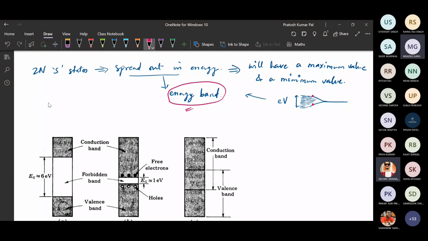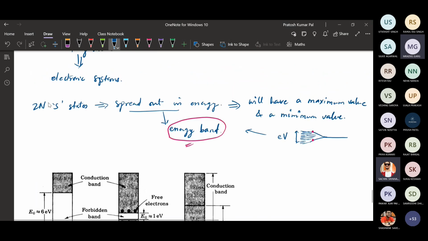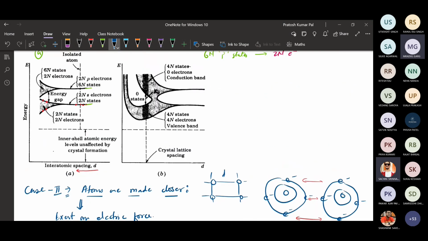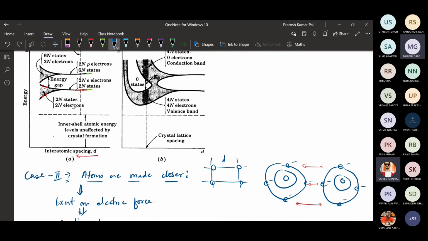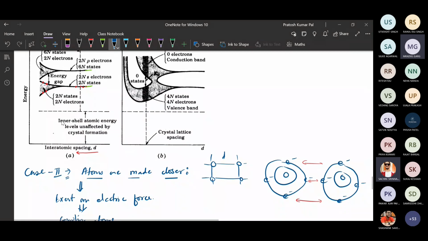Here, in this band, 2n states are completely filled with 2n electrons, and the 6n states are filled with 6n electrons.